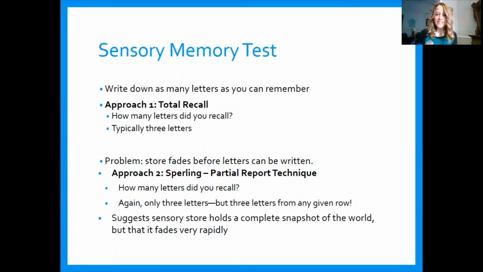So how did Sperling demonstrate this? Well, participants were asked to only report 1 row of 4 letters, but which row they reported would depend on the sound of the bell.